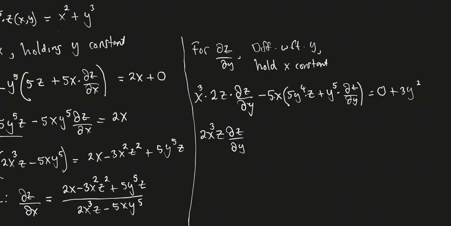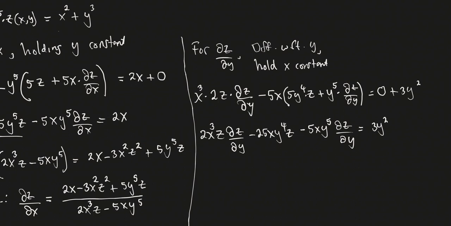Now when I distribute the negative 5x, I'll get negative 25x y to the fourth z minus 5x y to the fifth dz dy. And then on this side, we just have our 3y squared. So now we only have one term to move over. So let's move over this negative 25xy to the fourth times z.